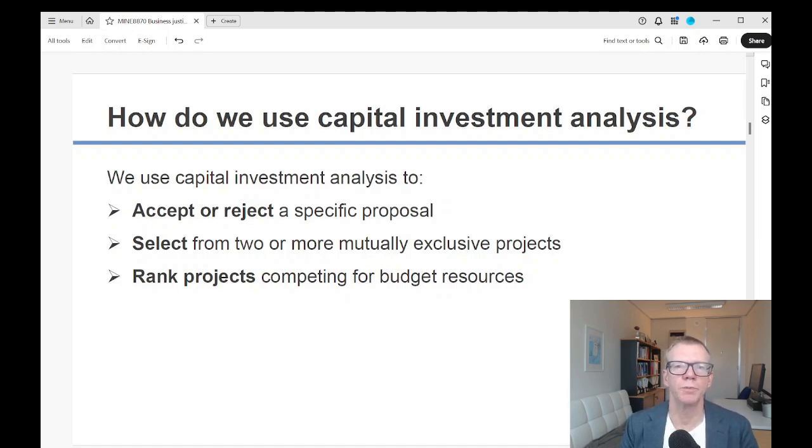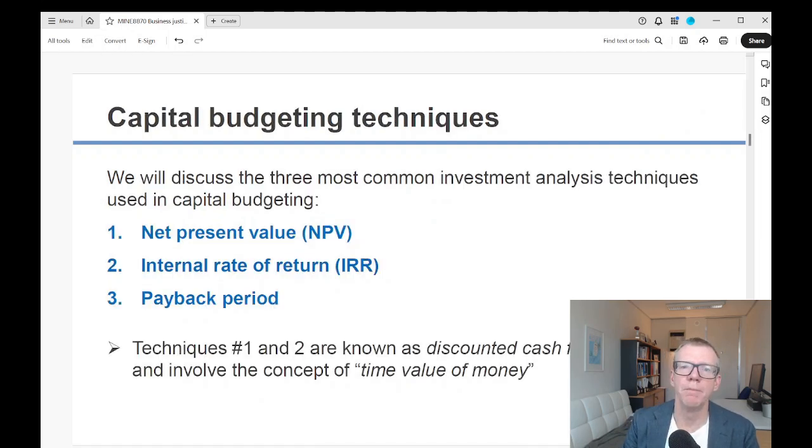It could be, are we going to accept a proposal or does it not meet our investment criteria? It could be that we're going to try and use our information to rank various proposals or to select from two mutually exclusive proposals.